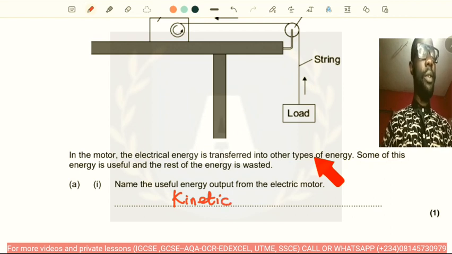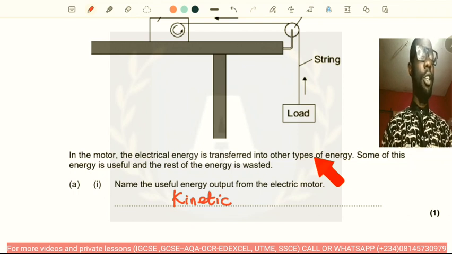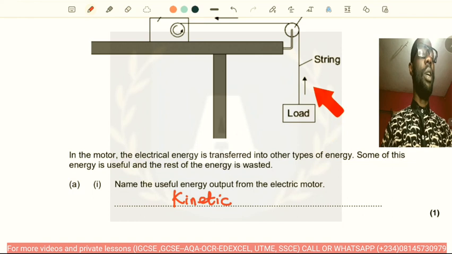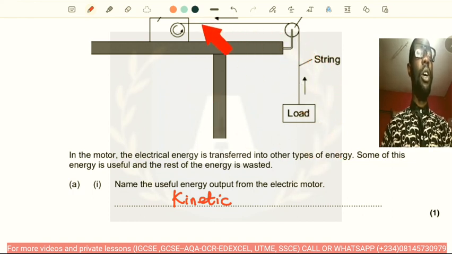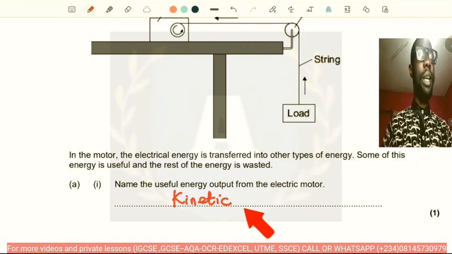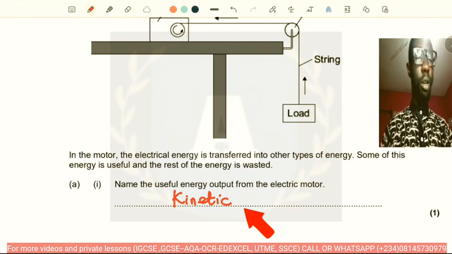It will also be accepted if we say gravitational potential energy, because the object has been lifted above a height. But because there is motion of the load, we say it is kinetic. Gravitational potential energy is also accepted.